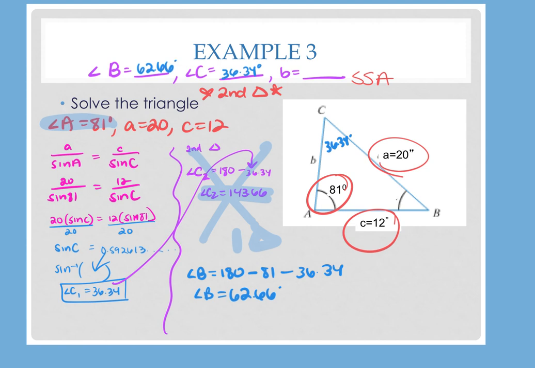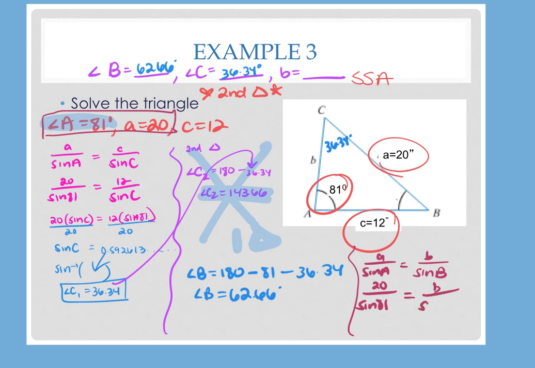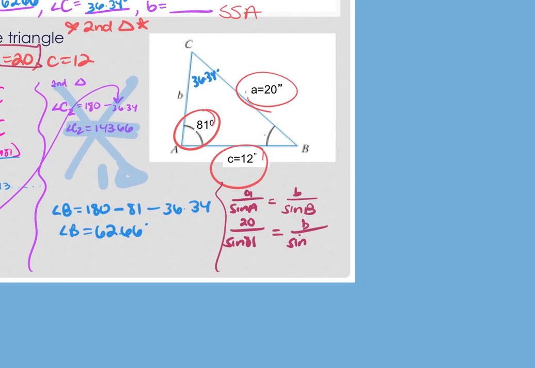And then the last thing I need to do is find side B. So I'm still using A, the original information. A over the sine of A equals B over the sine of B. A was 20, over the sine of 81 equals B over the sine of B, which we just found, 62.66.